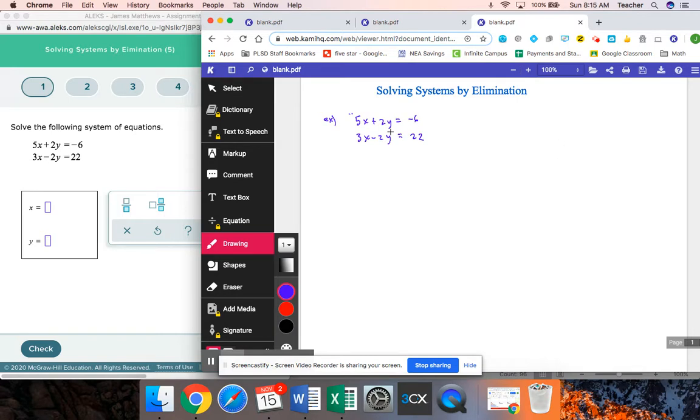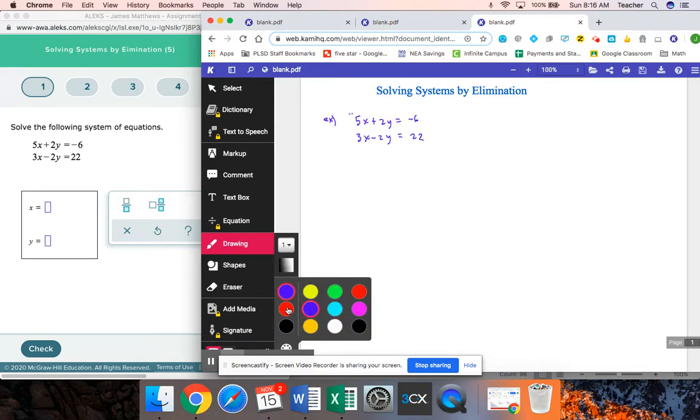So in this method, if I tried to simplify or substitute, I'd have to either first solve for x or solve for y and then substitute it in there, which can be done, but it's more work. If I combine these two in such a way that I could get rid of one of the variables, then I could just solve for the other and then plug in.